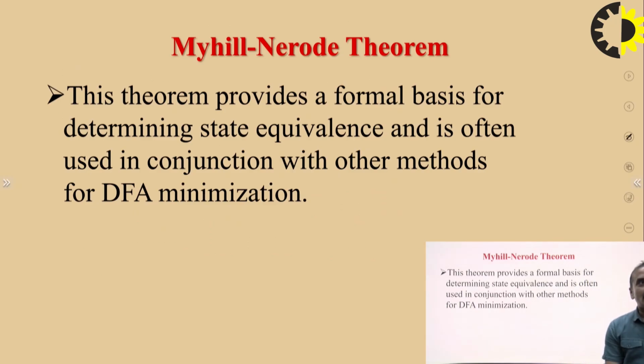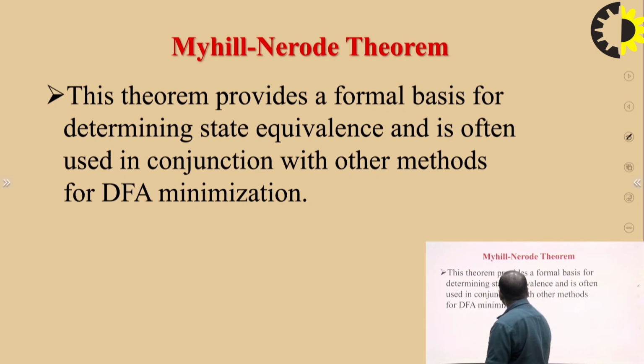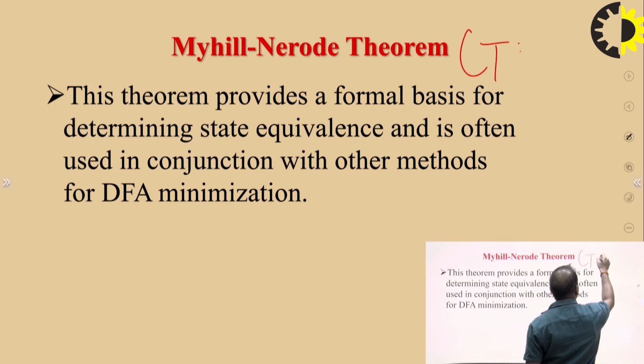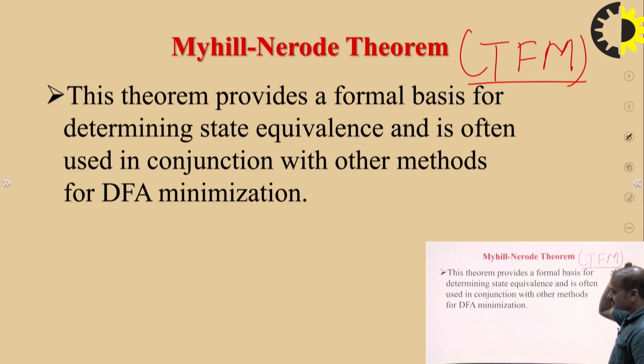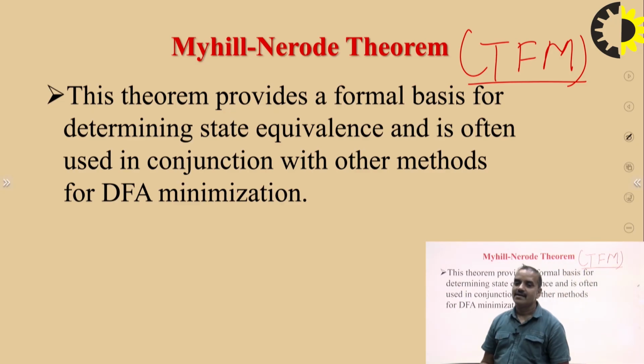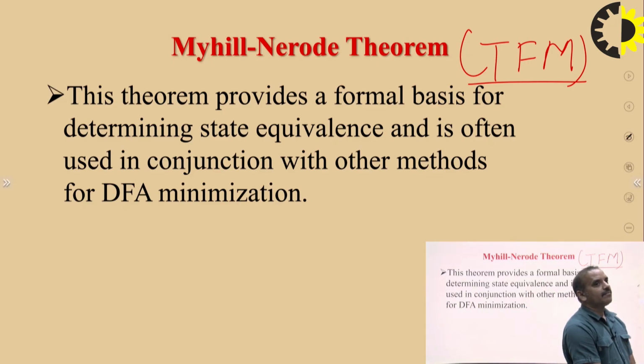This is the part of the Myhill-Nerode theorem. This is also called the table filling method, TFM. In this method, we have to construct a table and mark the table itself by some properties, which will be discussed in the next video.